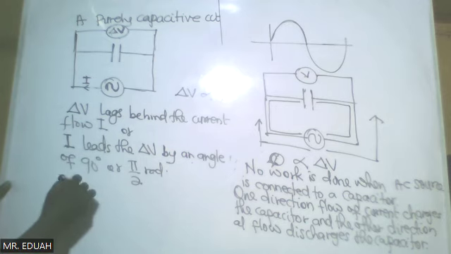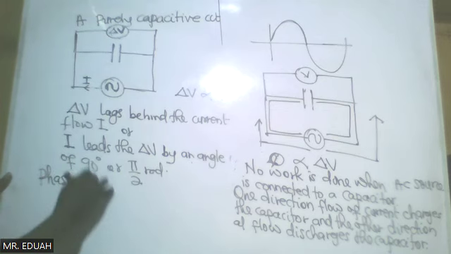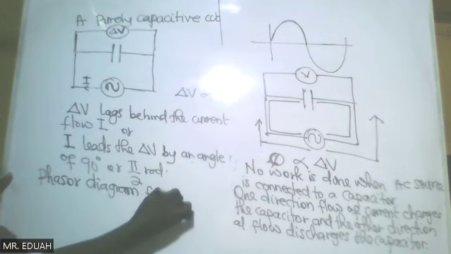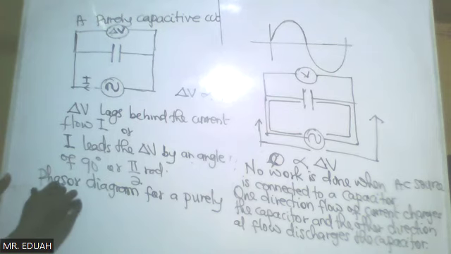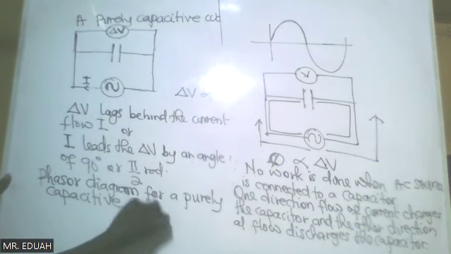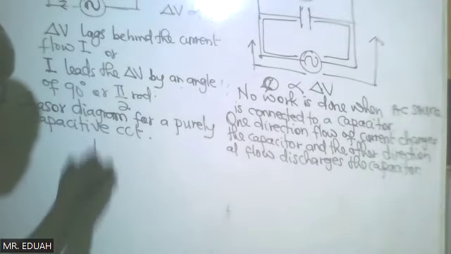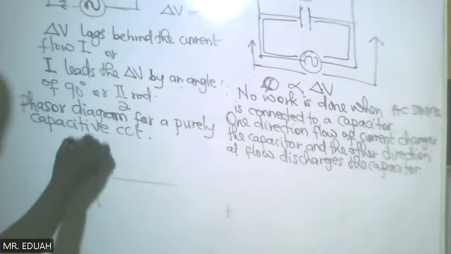So the phasor diagram for a purely capacitive circuit: we are always representing the current direction along the positive x axis.